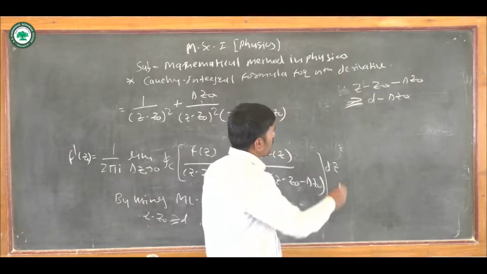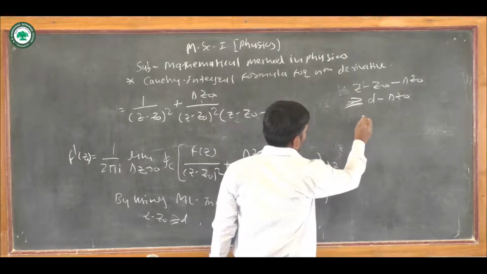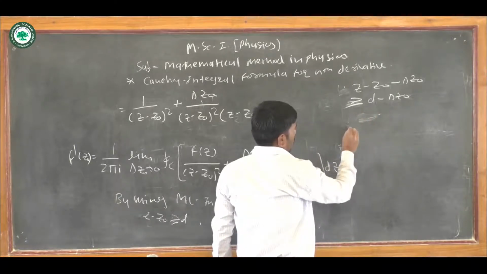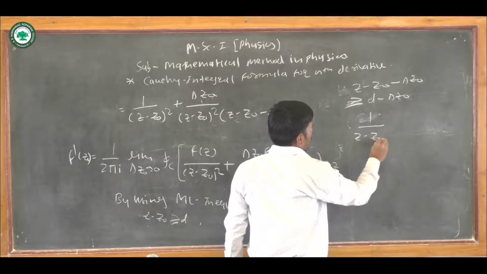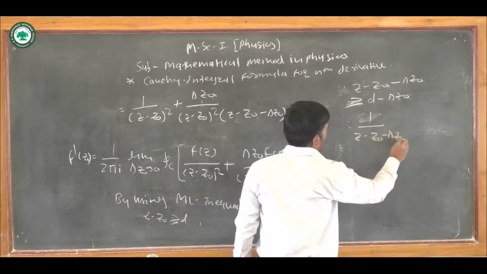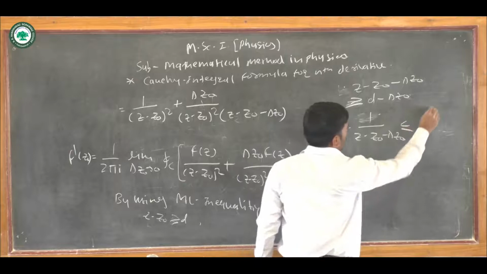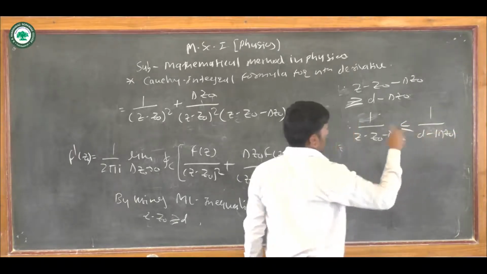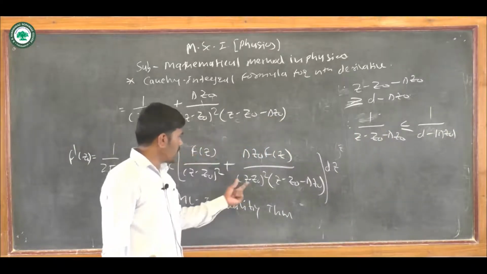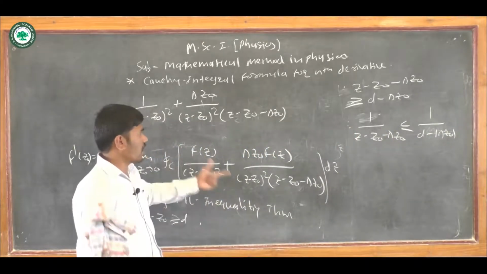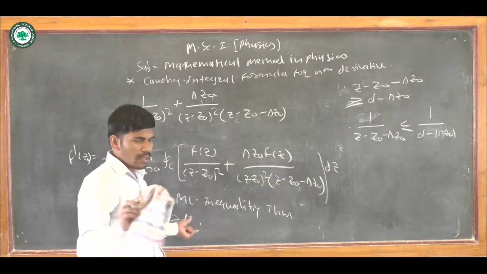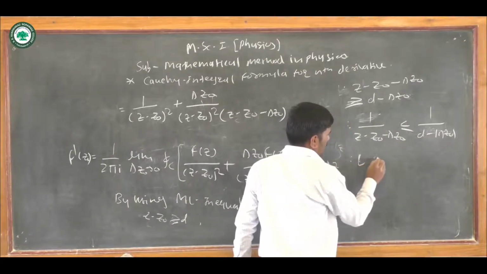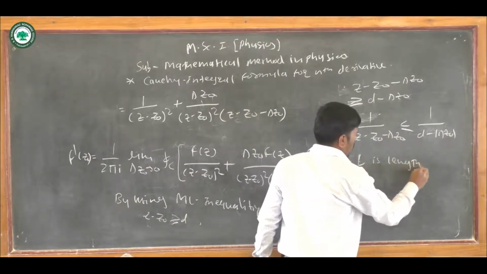Okay, so if I write for the inverse, 1 by z minus z naught del z naught is less than 1 by d minus del z naught. Okay, this is the expression when z is on the curve and f of z is analytic. Okay, so these things we can write, and here we consider L as the length of the curve.